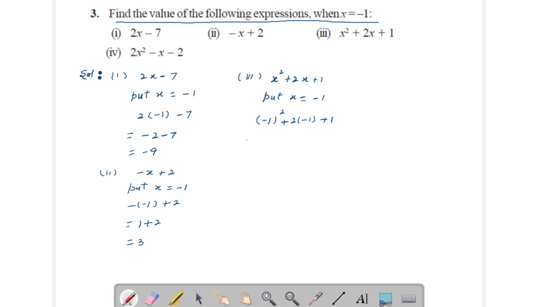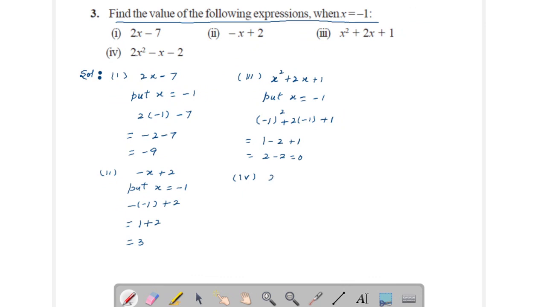Solve this. Minus 1 square, it is 1. Here plus 2 into minus 1, it is minus 2 plus 1. Solve this. 1 plus 1, it is 2. 2 minus 2 equal to 0. This is your answer.